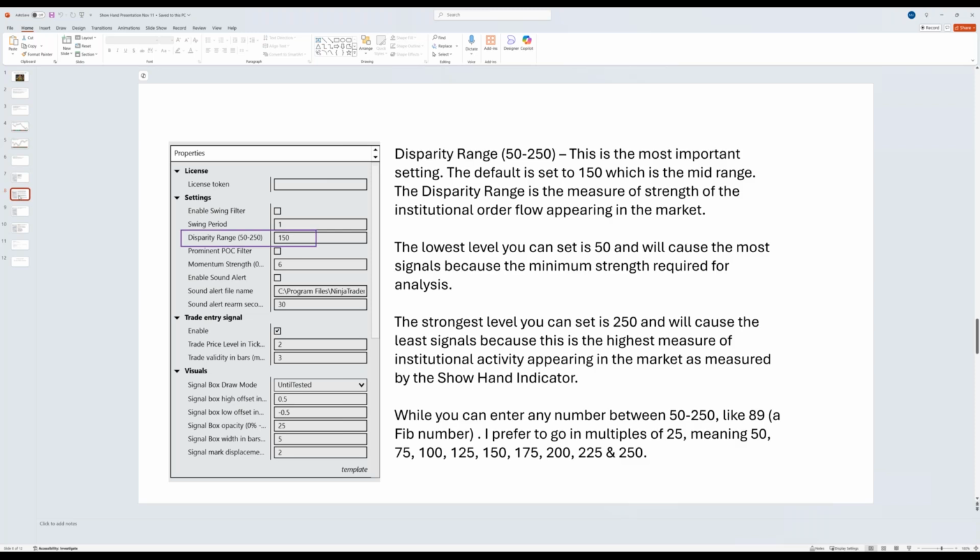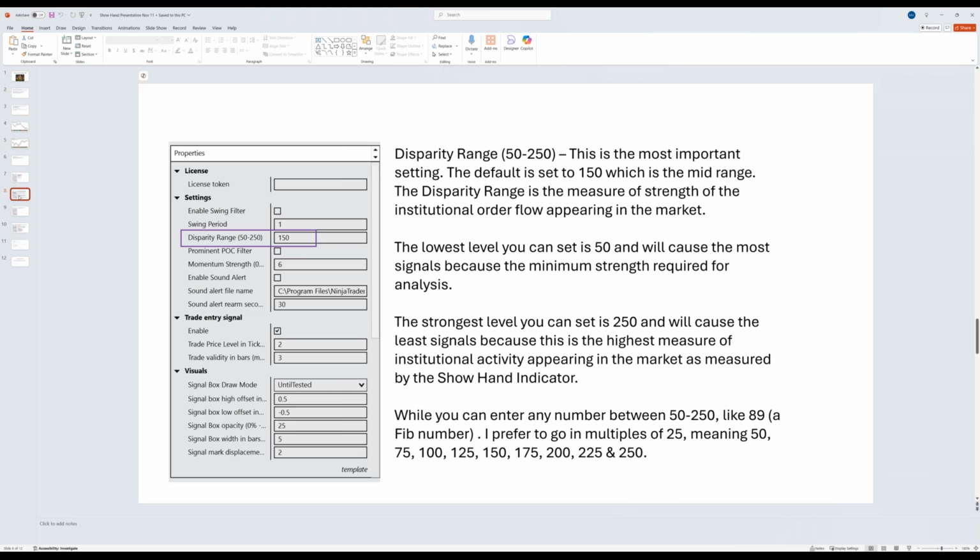So just really quick, the disparity range is sort of the main setting. Okay, it's the most important setting, and the default is set to 150. So when you first load the indicator, it's set to 150, which is kind of mid-range, actually a little bit stronger than mid-range, and it's the measure of strength of the institutional order flow appearing in the market.